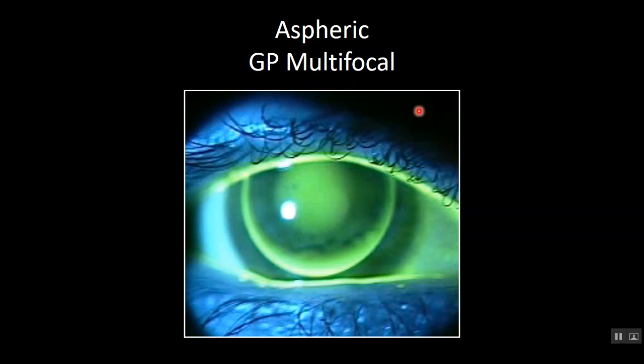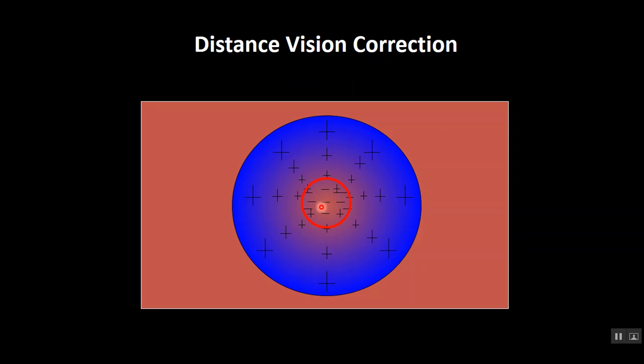Now, when we drop an aspherical GP multifocal on eye, the goal is that it's relatively centered to the pupil, maybe slightly lid attached, riding a little bit high like a normal lid attached single vision GP lens. Part of the thinking is that we have the distance zone in the center plus toward the outside.